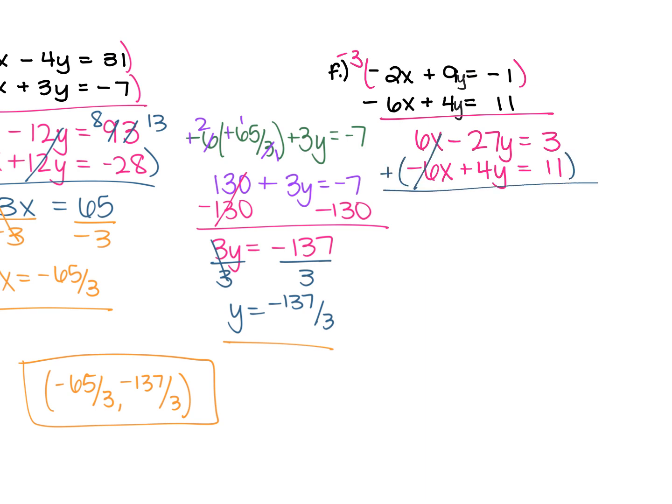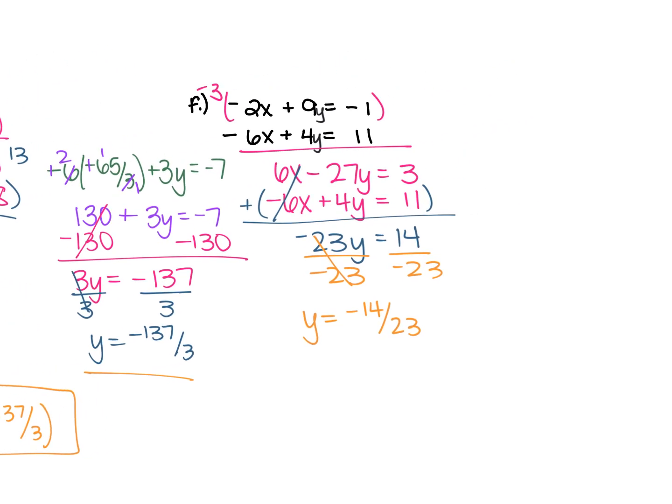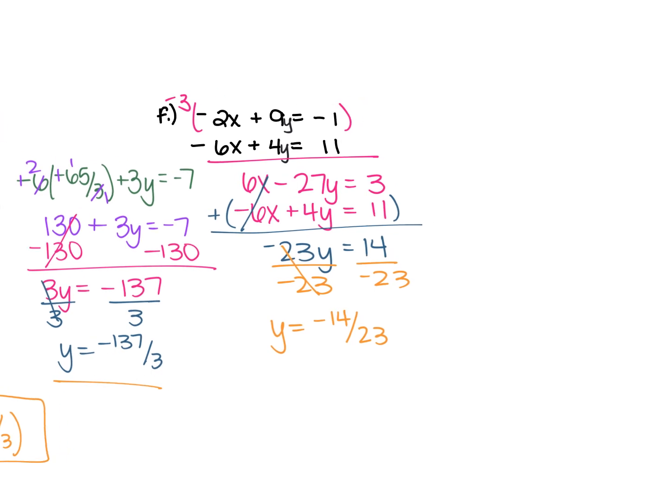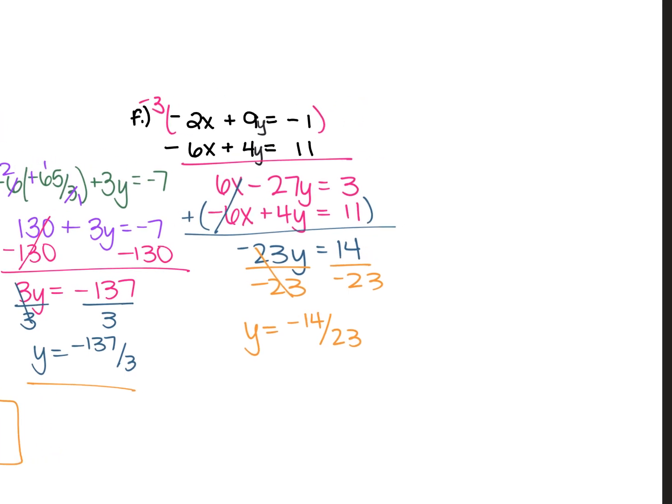Your x's cancel. You're left with -23y is equal to 14. Divide each side by the -23, and you have that y is equal to -14 over 23. From here, use either the top or the bottom equation. It's up to you. Plug it in and solve for x. I would use the top equation, so I'm working with smaller numbers.